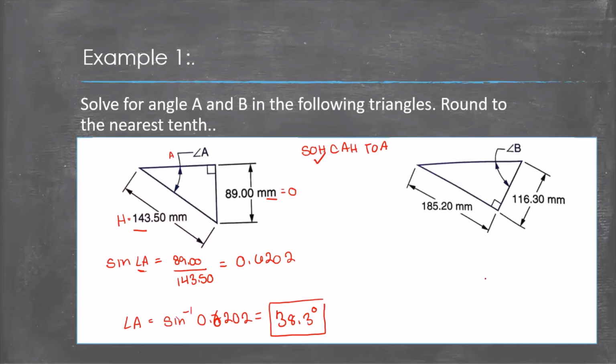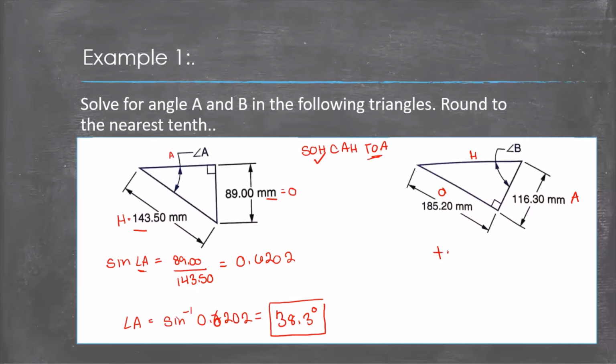Now, you've got these two sides. So we have opposite and adjacent, and we have hypotenuse. We want to set up our ratio here. We know opposite, we know adjacent, so that means we're going to use tan.